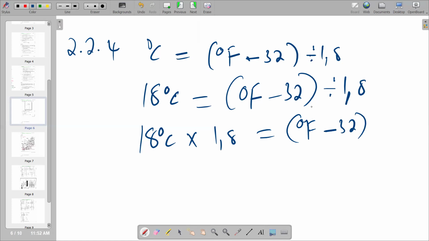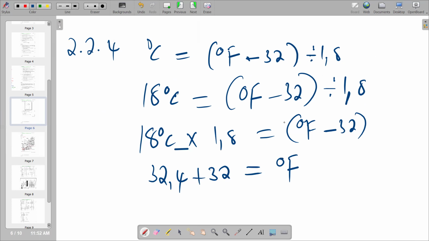So having that now, what are we supposed to do? If you multiply here, you get 32.4. And then you take the negative 32 to this side, it becomes a positive, so it becomes plus 32. Then it becomes Fahrenheit.